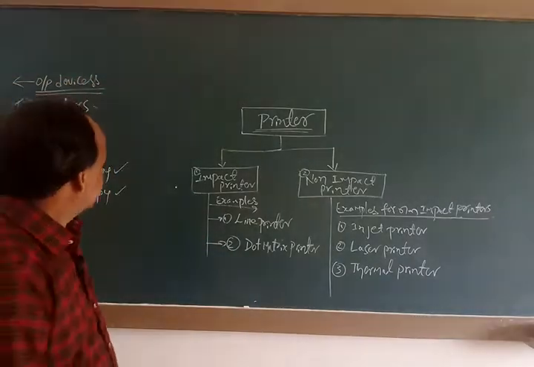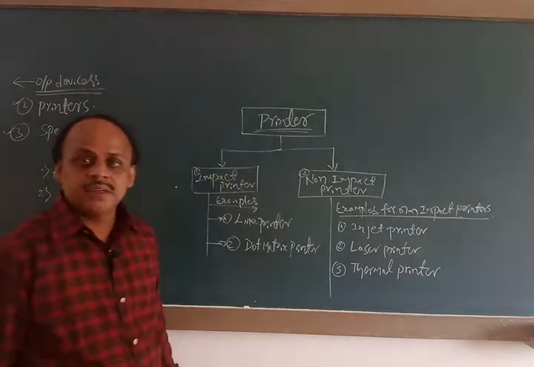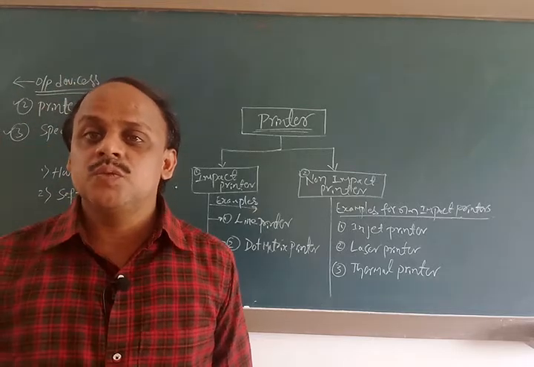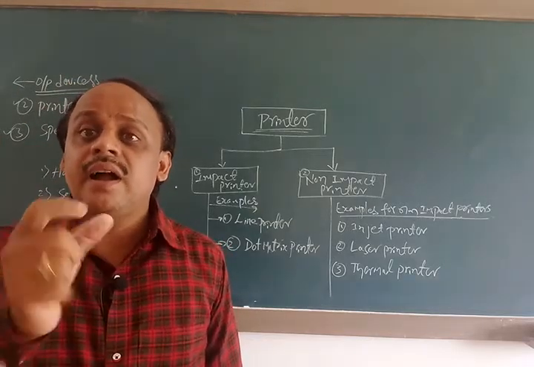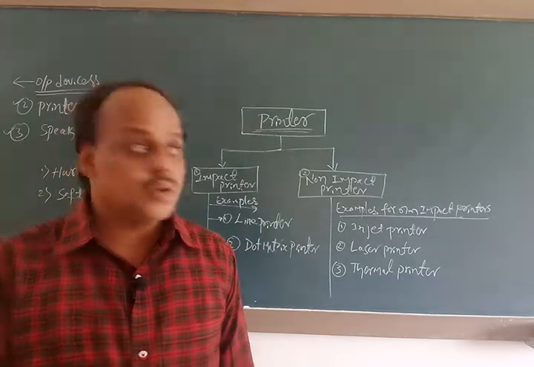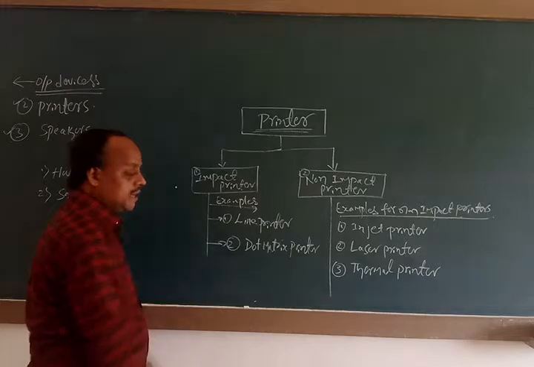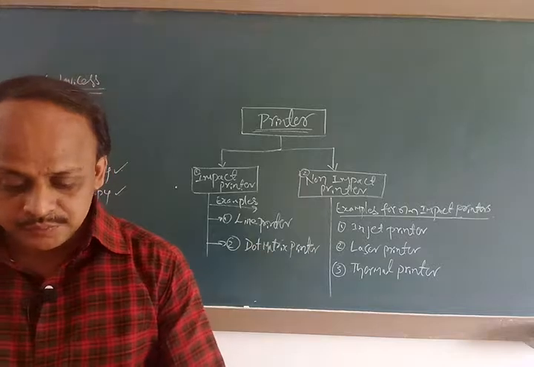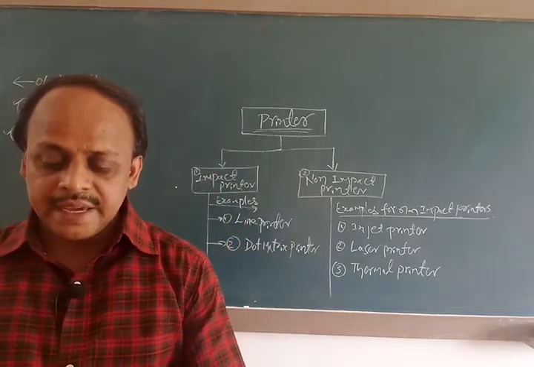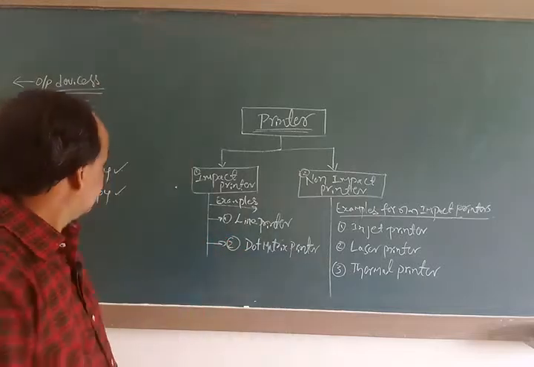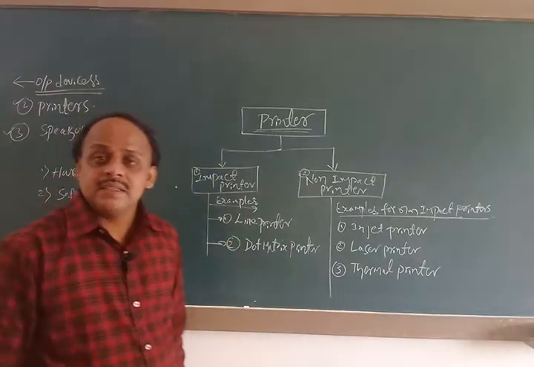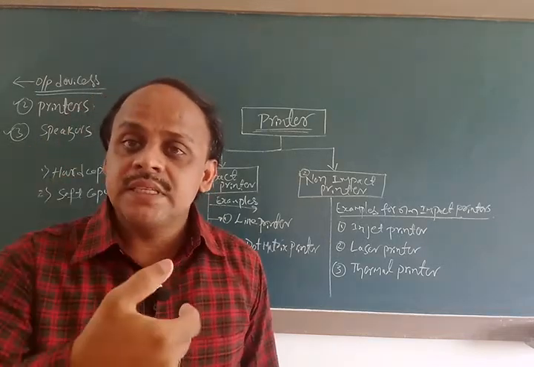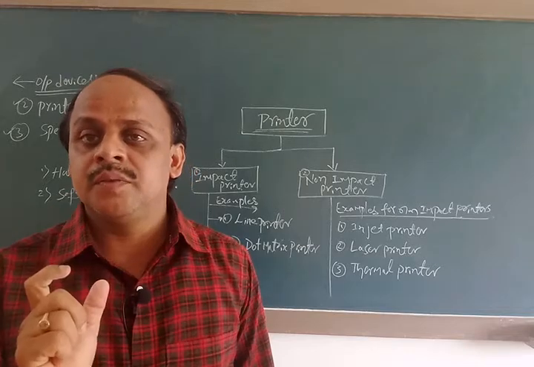This impact printer contains a part called print head. It mainly contains three things: print head, metal pins and ink ribbon.